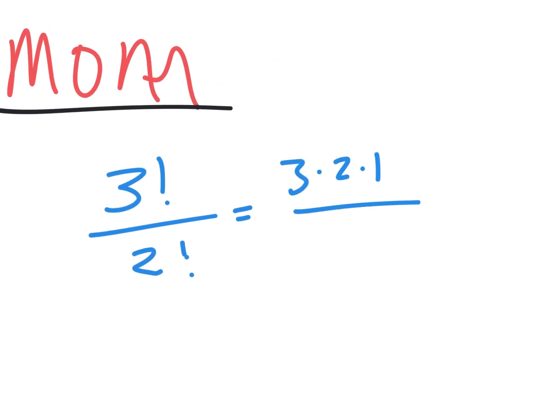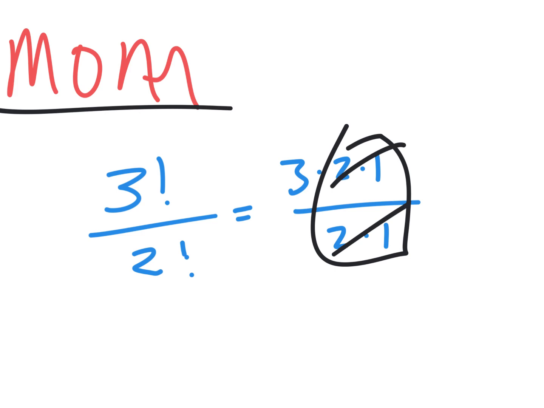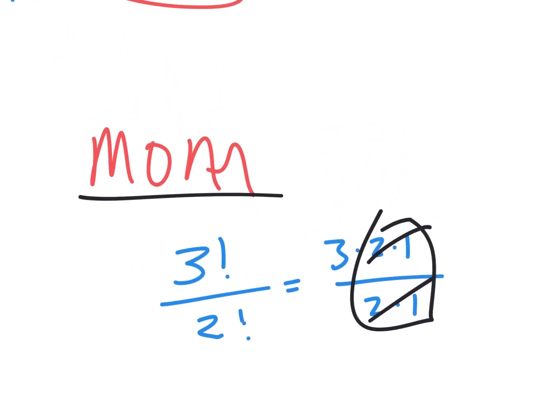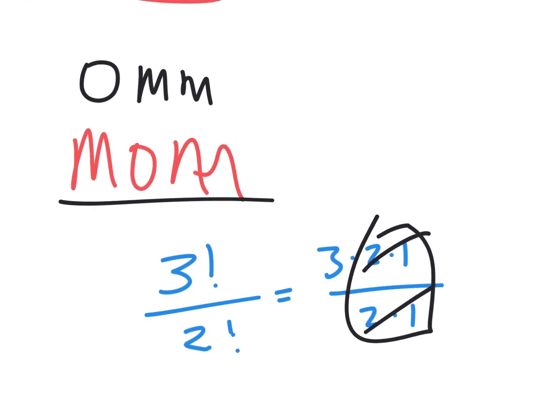If you have to use your calculator, you know it's under math probability, but I hope you could do this. And then look, they're identical. They cancel. Answer's 3. You might be like, what do you mean there's 3? There's 3 ways to write those letters into words, like mom or O-M-M, or there's only one other way to do it.